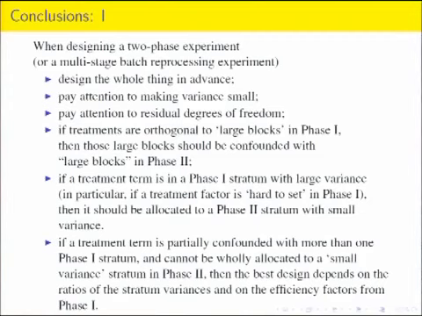If you can be orthogonal to bad blocks in the first phase, try and keep orthogonal also to bad blocks in the second phase by confounding the boring things with each other. If something you want to know is confounded in the first phase with a large variance, try to put it with small variance in the second phase. On the other hand, if you've got partial confounding, then the best design depends on efficiency factors and some idea about the ratios of those stratum variances.